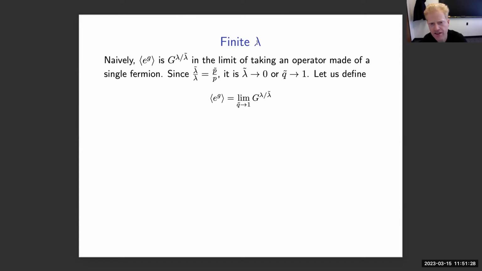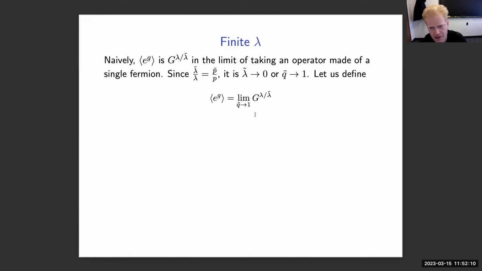So the point is that for finite lambda, this lambda tilde will just go to 0 when we want to relate this 2-point function to the variable that appears in the G sigma action. So at least formally, we can define e to the g, the expectation value, to be the 2-point function when we strip off this size of the operator power that we always had and take lambda tilde to 0 or q tilde to 1. Q tilde is e to the minus lambda tilde. This is some definition, at least, of this two-dimensional metric as a function of this two-point function.